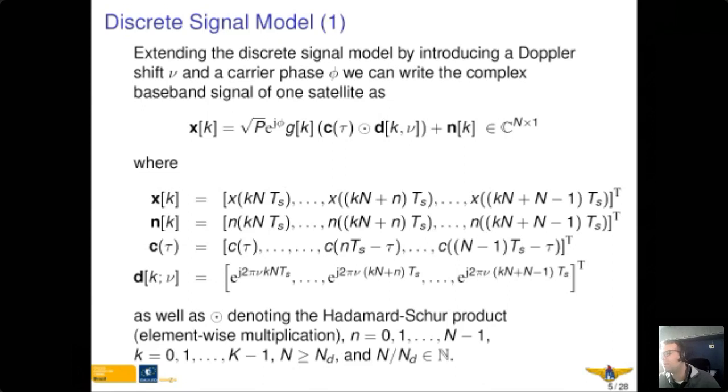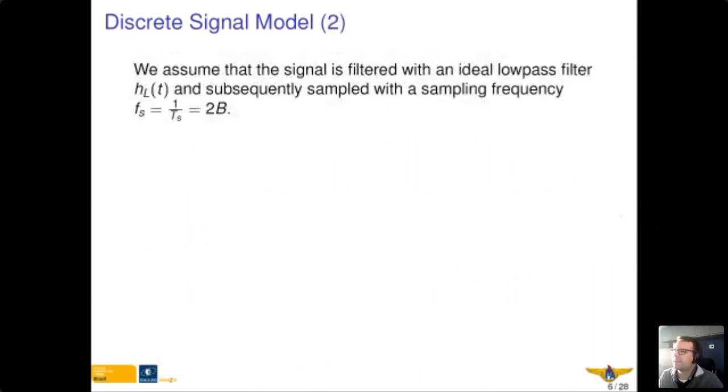G of k, remember that this is the symbols, the navigation data symbols that are modulated onto the spreading sequence and the signal. So we assume that the signal is filtered with an ideal low-pass filter following our simplified baseband model that we introduced in the first part of this course.